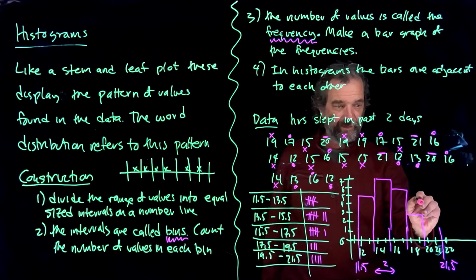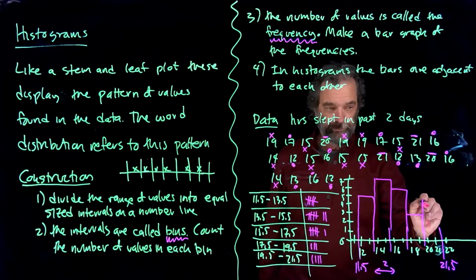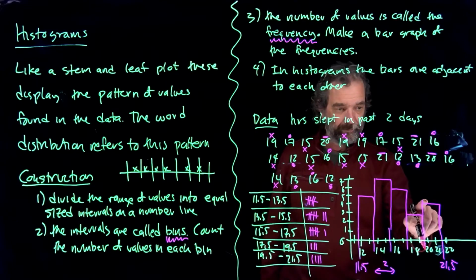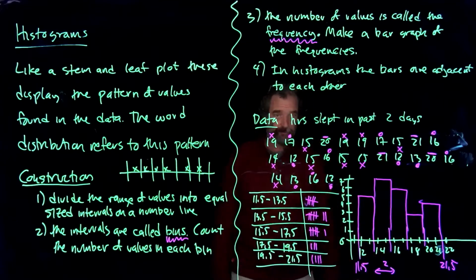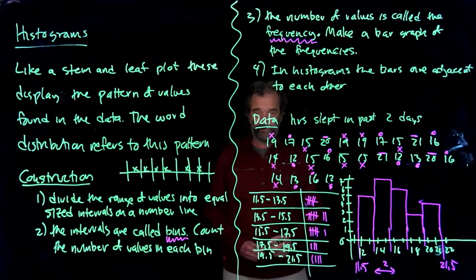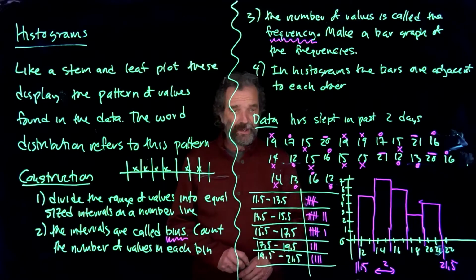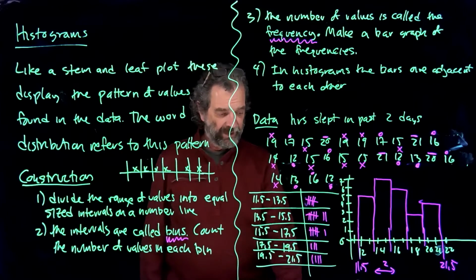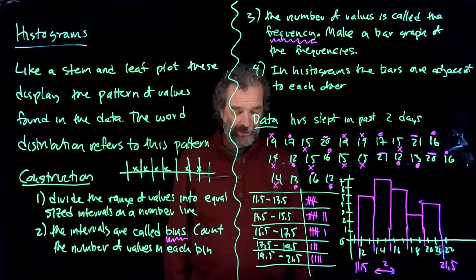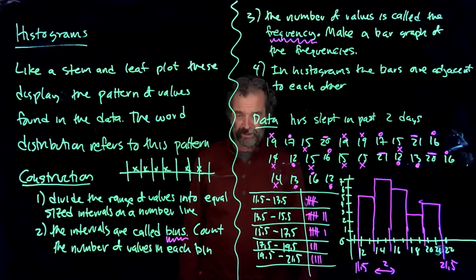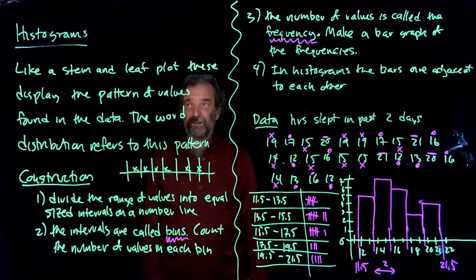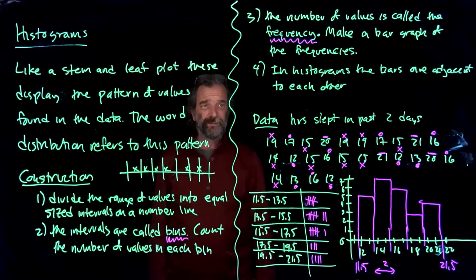And then 4. Not bad. So that's the process for making histograms. There are some issues that come up in histograms, but we'll encounter them at a later date. And that's pretty much the basic procedure, and everything is fine.